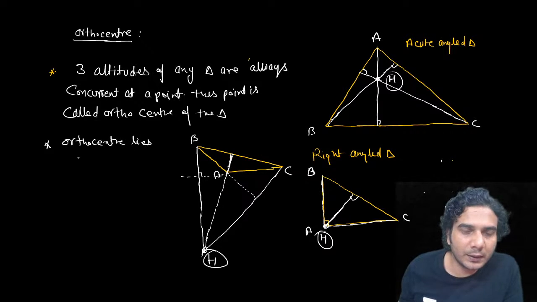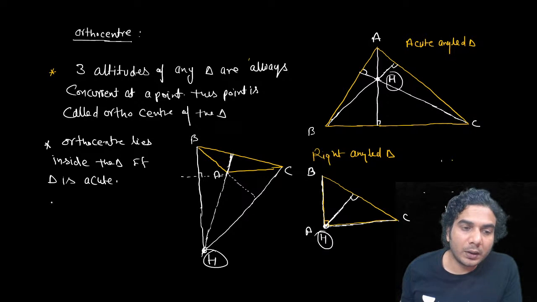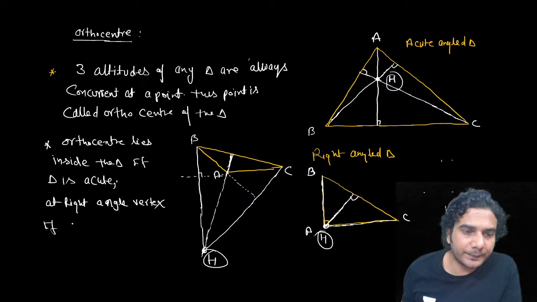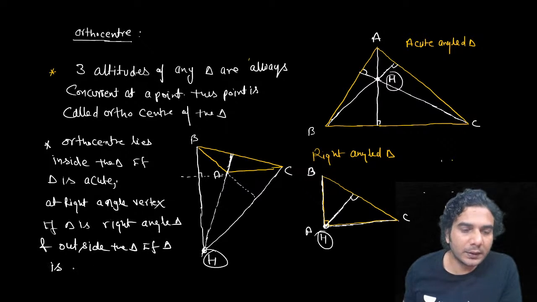So now you can see the orthocenter lies inside the triangle if the triangle is acute angle, at the right angled vertex if the triangle is right angle triangle, and outside the triangle if the triangle is obtuse angle.